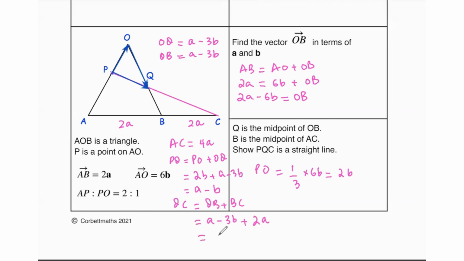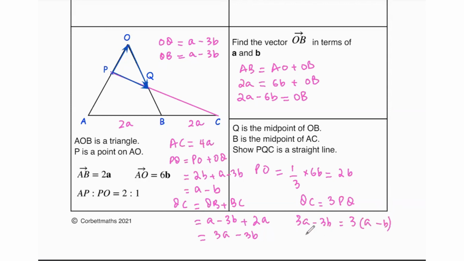So that's going to be 3A minus 3B. Now, if we compare PQ and QC, we can see that QC is 3 times PQ. QC was given as 3A minus 3B, and PQ is A minus B.